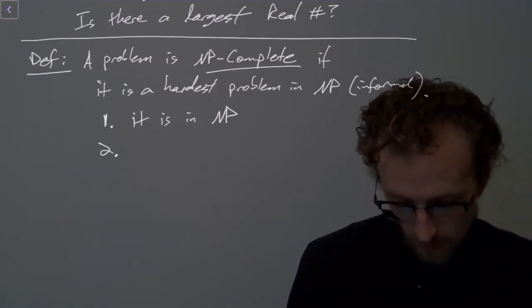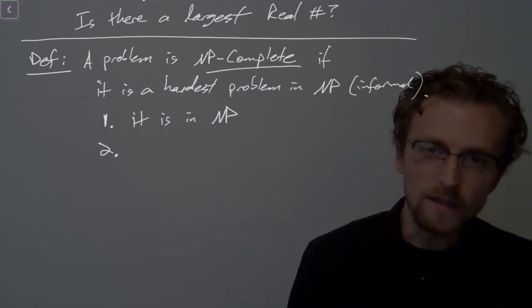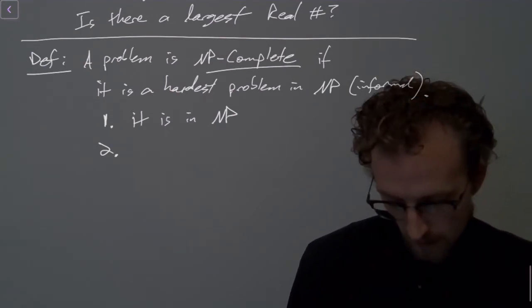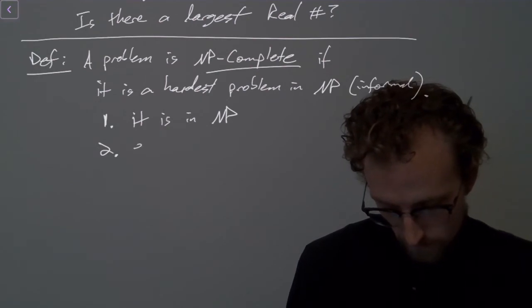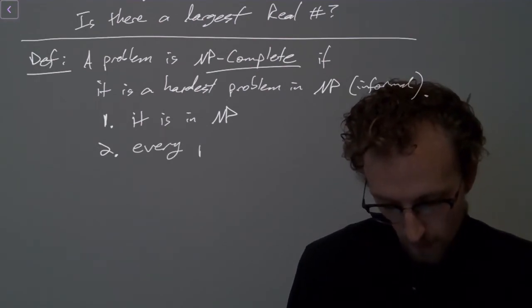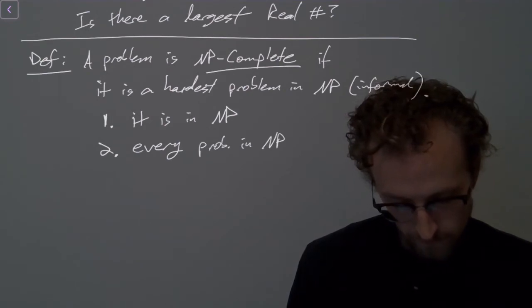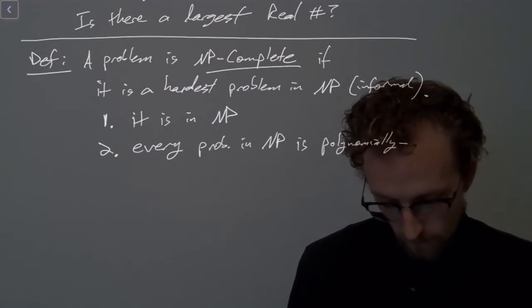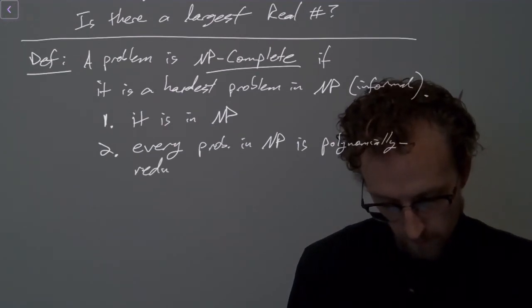And 2, every problem in NP can be reduced to it in polynomial time, right? Every problem in NP is polynomially reducible to it.